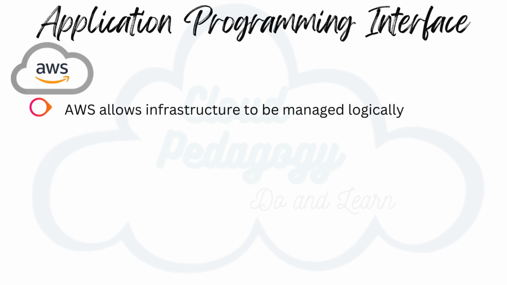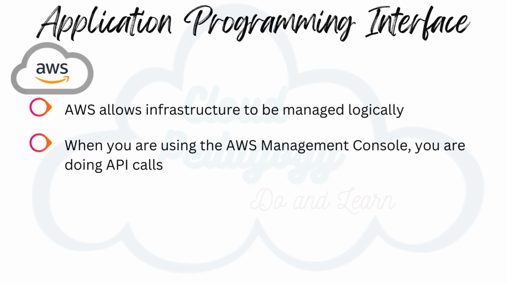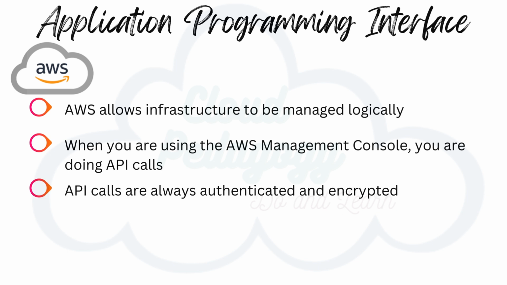As we know, AWS allows infrastructure to be managed logically, meaning that instead of having to procure hardware, you can navigate into the AWS management console to launch and manage resources. When you are using the AWS web console, you are using API calls to the services using a web interface. These calls are always authenticated and encrypted.